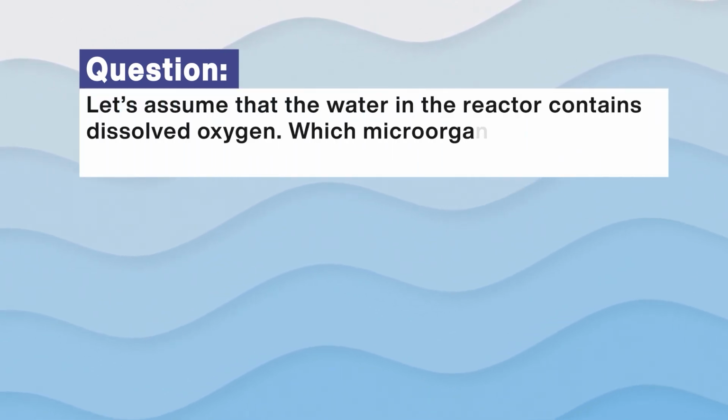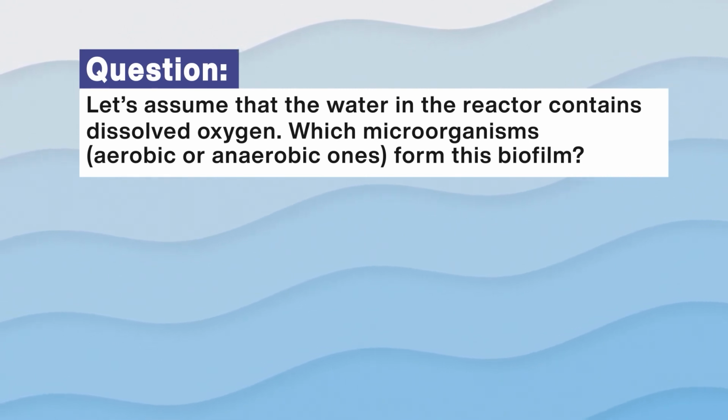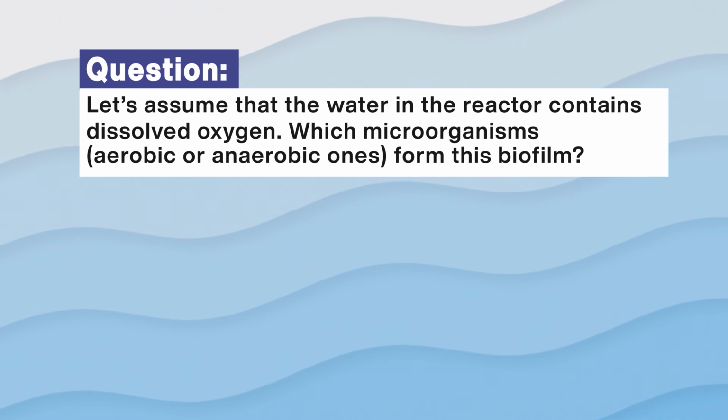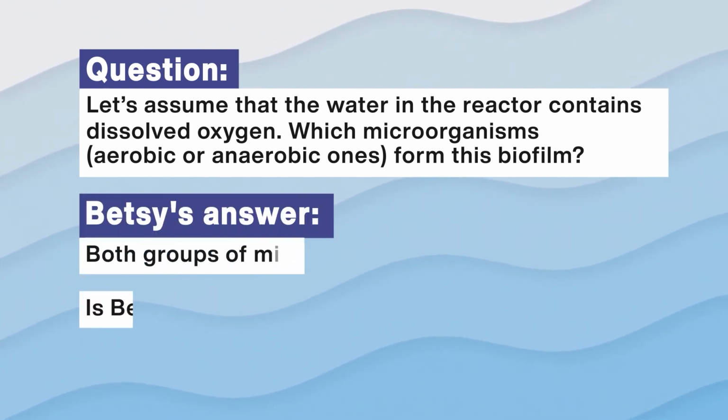Betsy, in this context, I'd like to ask you a tricky question. Yes, Professor. Let's assume that the water in the reactor contains dissolved oxygen. Which microorganisms, aerobic or anaerobic ones, form this biofilm? Both, sir.